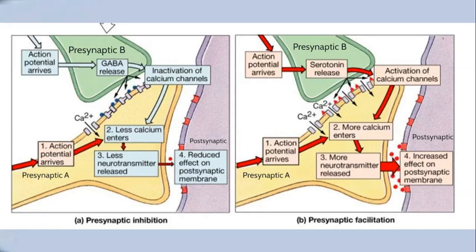In this example, serotonin is helping to activate the calcium channels. Calcium channels are already opening because of the depolarization from the action potential, but serotonin is increasing that. Serotonin is then going to allow more calcium to come in, and when more calcium comes in, more neurotransmitters are released. So the effect of presynaptic inhibition or facilitation is going to directly impact how many of those neurotransmitters are released.